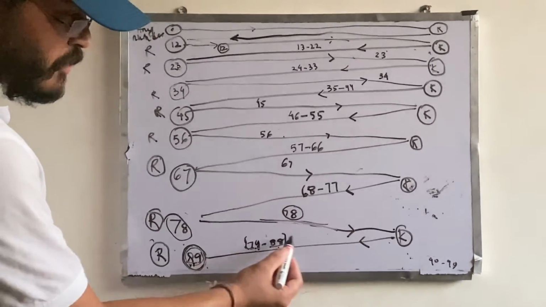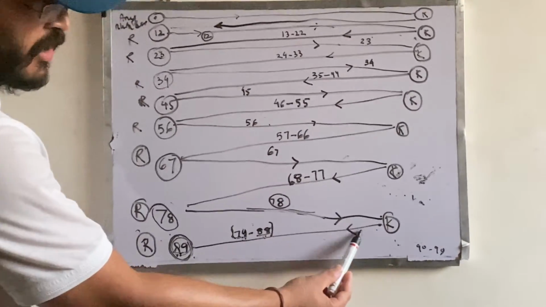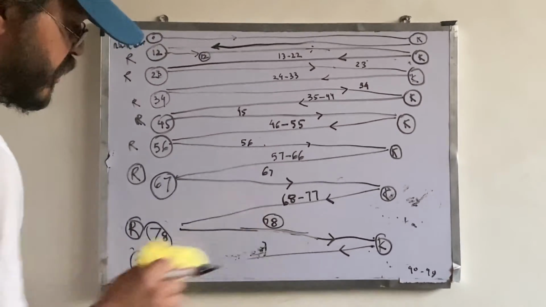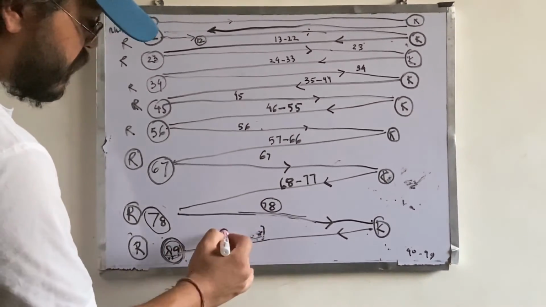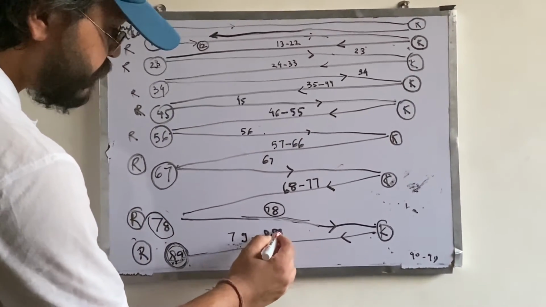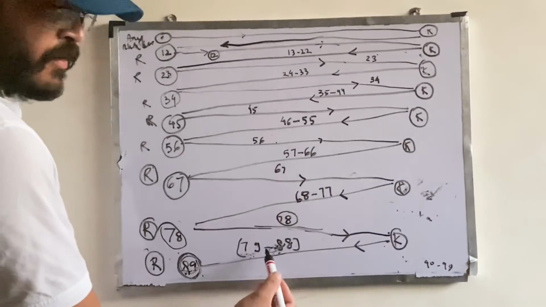Whatever I've received from this guy, I need to have a valid limitation on him, saying that he has to send me a number which ranges between 79 to 88, right? So let's suppose we've done this, we go back here.